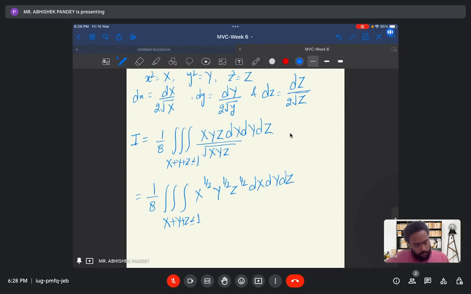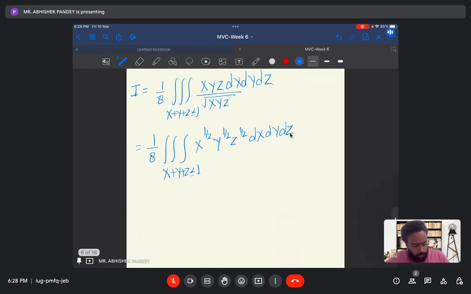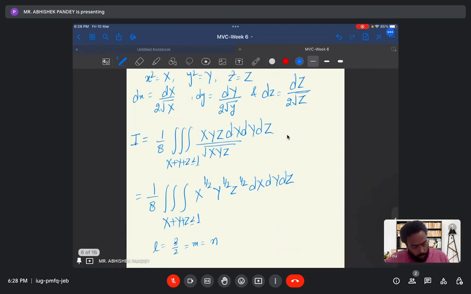If you compare this with the standard form, L minus 1, M minus 1, and N minus 1 give L equals 3 by 2, and likewise M and N equal 3 by 2.